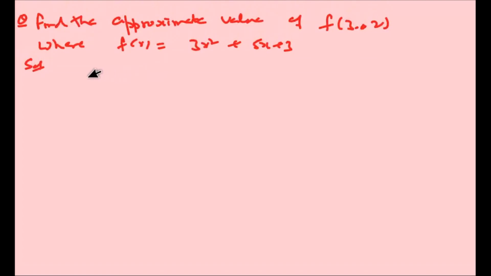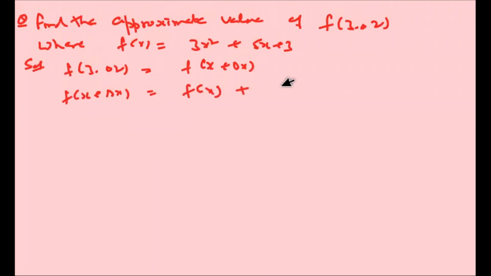So we can say f(3.02) is equal to f(x plus delta x), and f(x plus delta x) equals f(x) plus dy by dx into delta x. Here f(x) equals 3x square plus 5x plus 3.